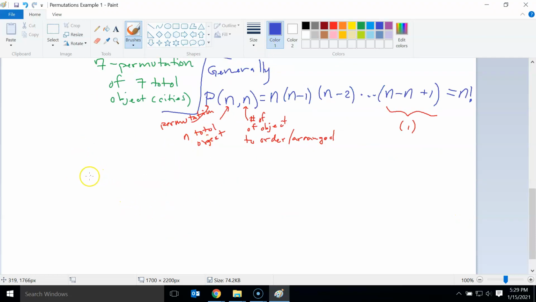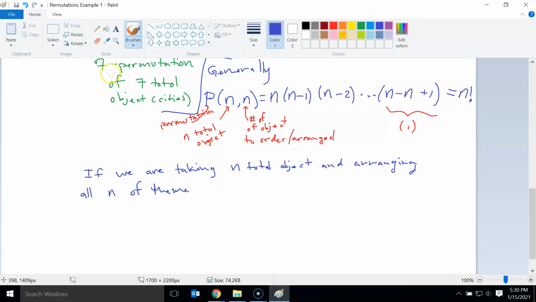So we have some space down below. I'm just going to write out our general conclusion here. If we are taking n total objects and arranging all n of them, then the n permutation could be rewritten as P(n, n) equals n factorial.